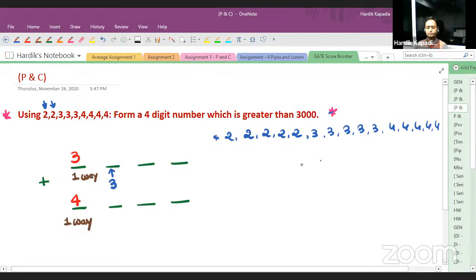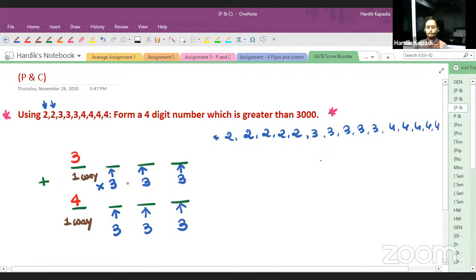Same for this, you can use either 2 or 3 or 4. So this is in 3 ways, this is in 3 ways, this is in 3 ways. For 4 as well, if you're using 4 over here, then this is in 3 ways, 2, 3 or 4, and this is also in 3 ways.